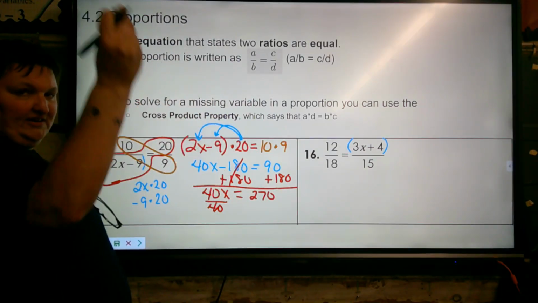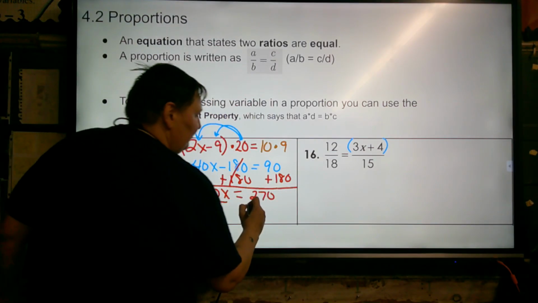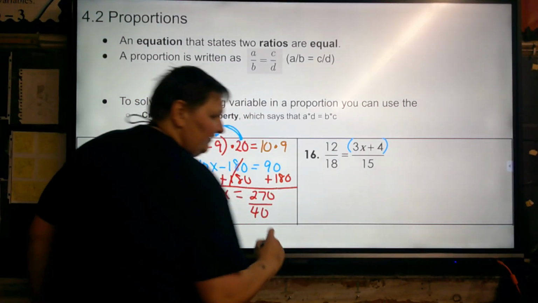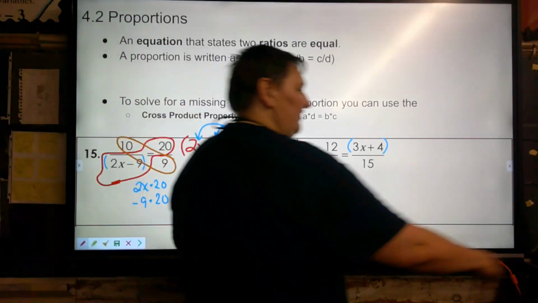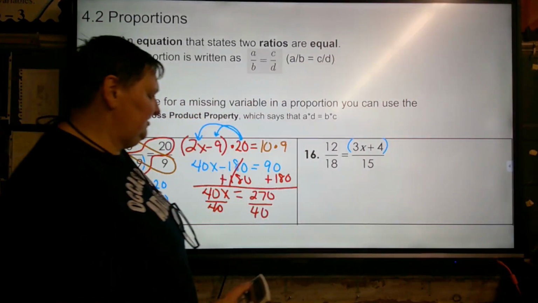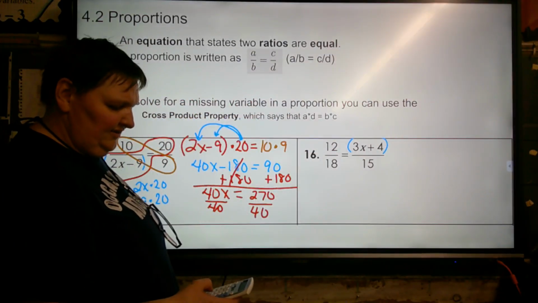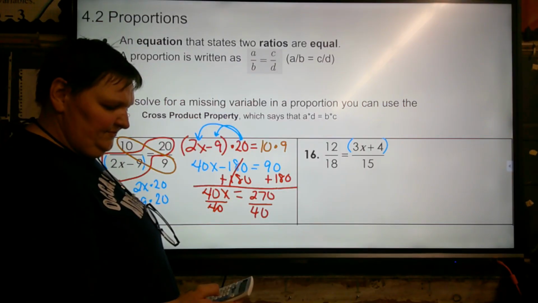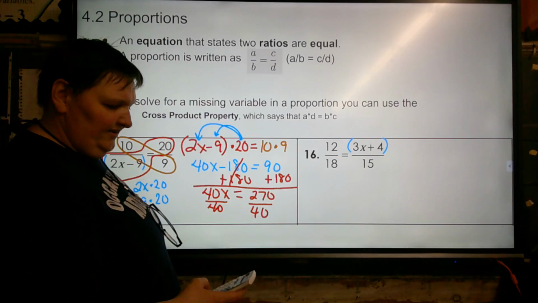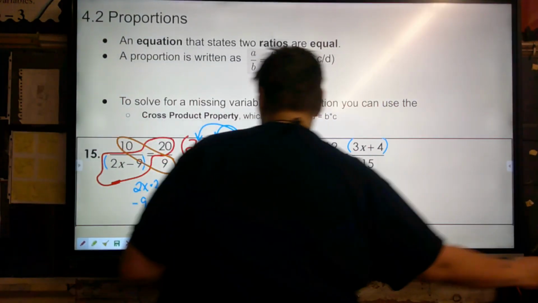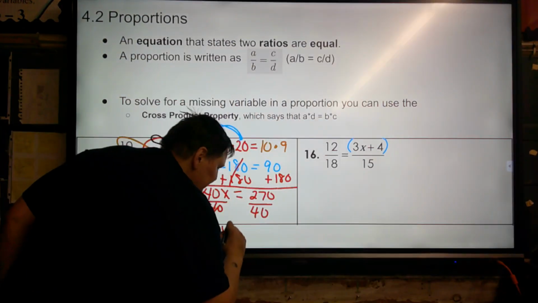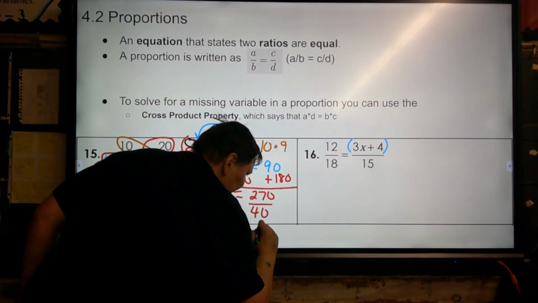Dividing both sides by 40, time to get the calculator. 270 divided by 40 is 6.75. So that means x is 6.75.